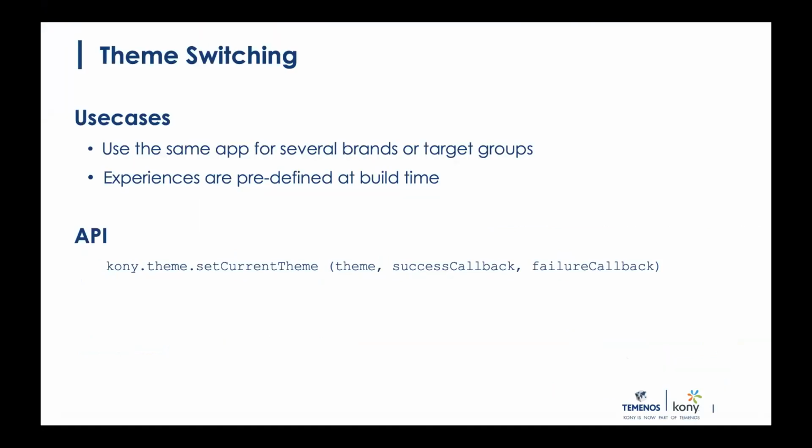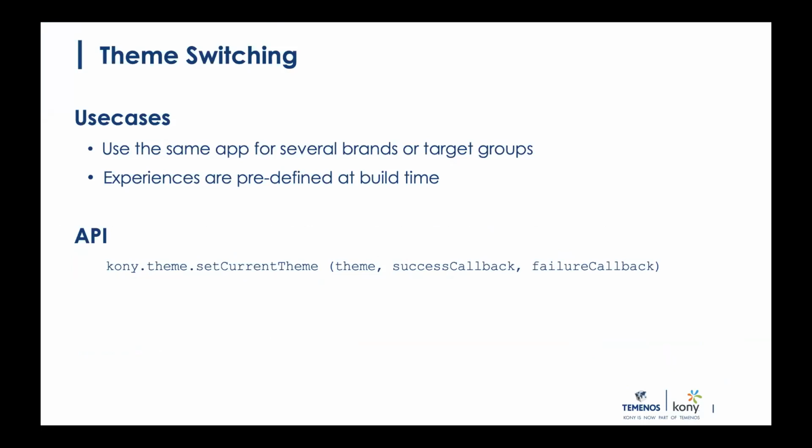So one feature which is relatively common is theme switching. In an application which you build with Kony Quantum, you can create several themes for your applications. This is very useful if you're building applications for a customer who has several brands, or who wants to target several groups of customers, where you want a different kind of experience for certain people of a certain age.